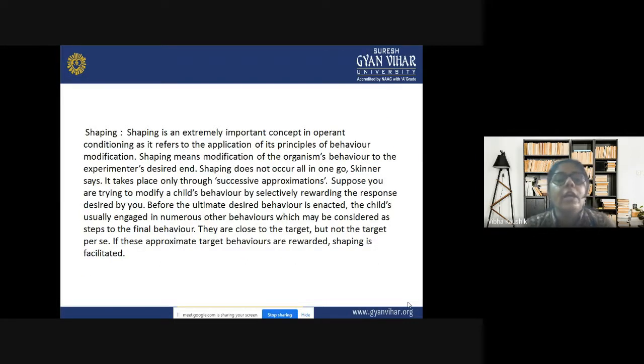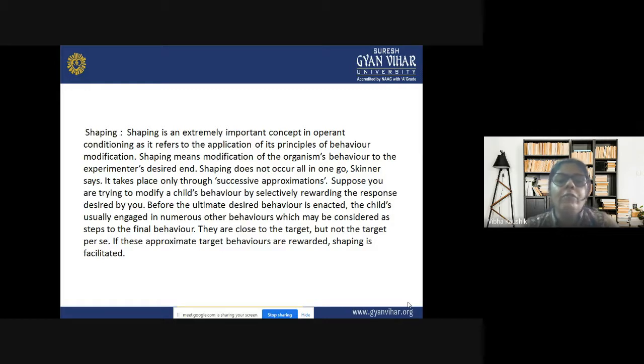Now, shaping. Shaping is an extremely important concept in operant conditioning, as it refers to the application of its principle of behavior modification to bring change in the behavior of the individual.